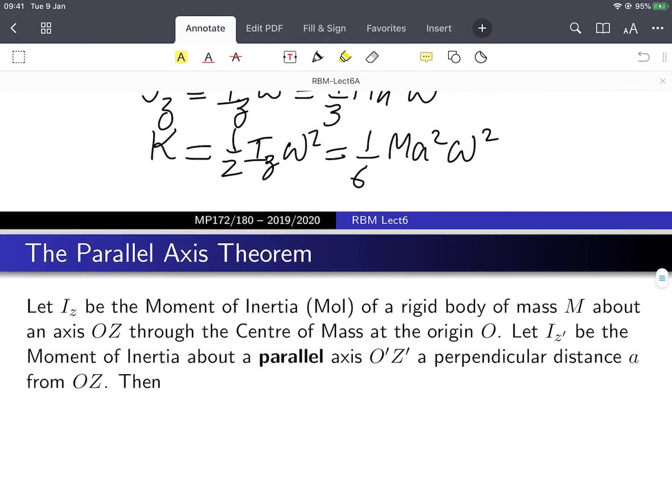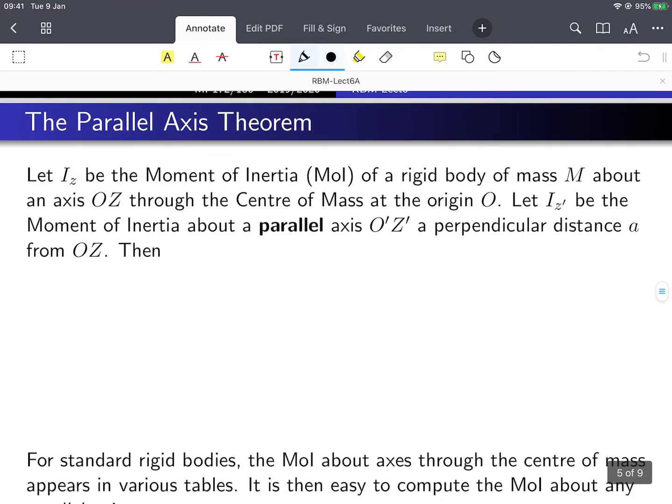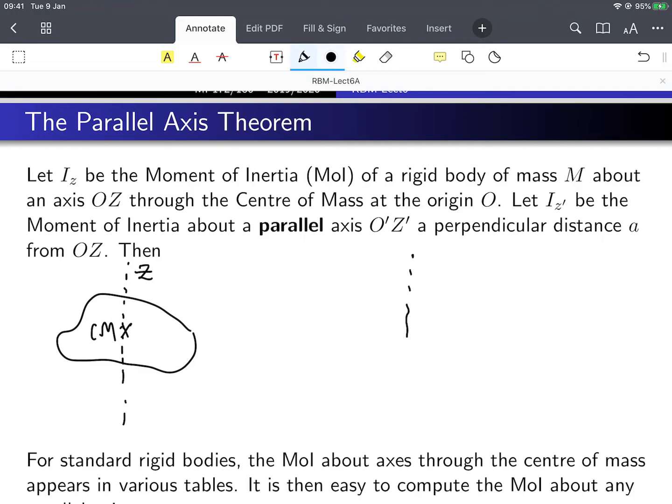So say I have a body here, any shape. The center of mass is somewhere, and here's the axis Z. I know the moment of inertia with respect to this axis, rotation about this axis, just like in the examples before. If I wanted to find now the moment of inertia with respect to a parallel axis, moving from rotation about this axis here to rotation about this axis there, I can just do it.